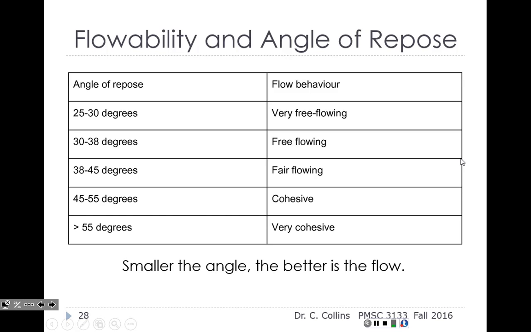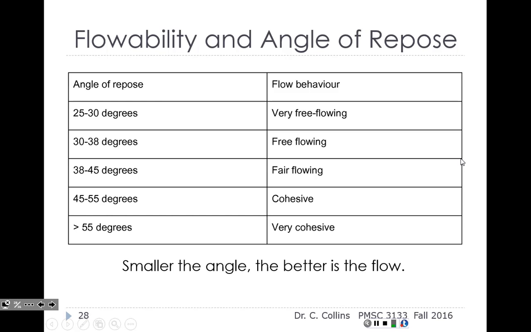You could have answered my hypothetical question from a few minutes ago by looking ahead two or three slides. So here are some various and sundry readings. 25 to 30 degrees is considered very free-flowing, as opposed to 45 to 55 degrees, which is considered cohesive. We don't want the powder to be cohesive when it's intended to flow.